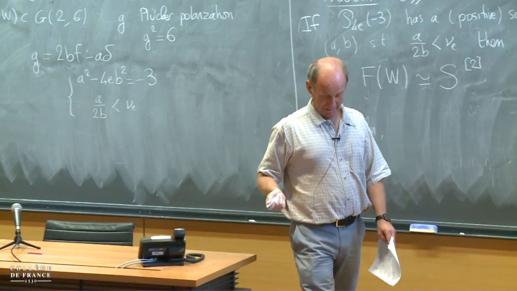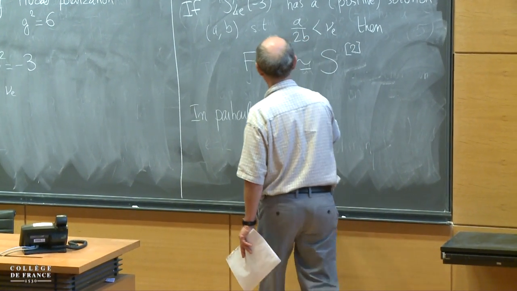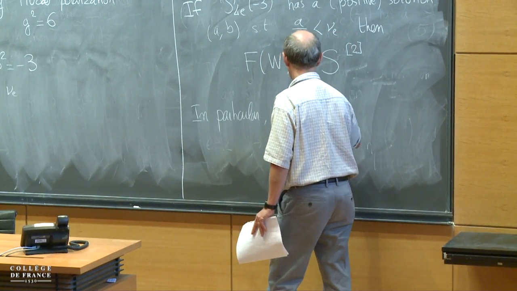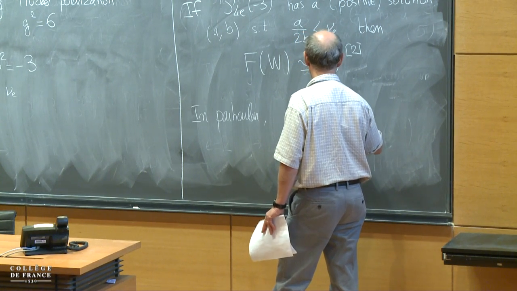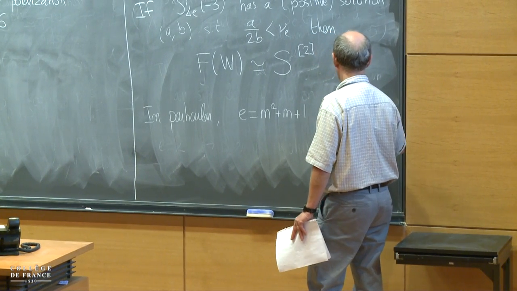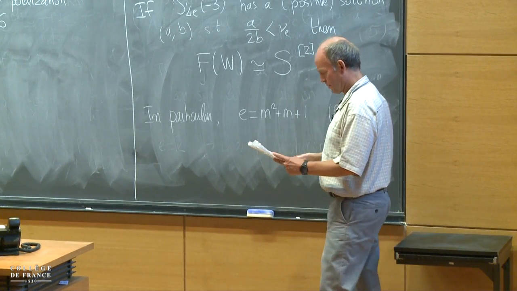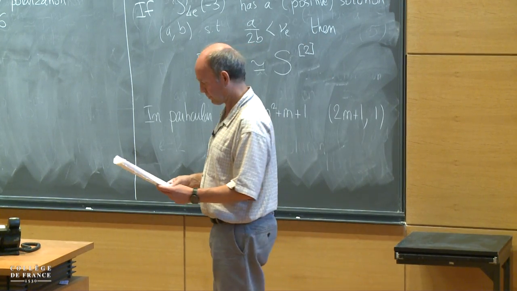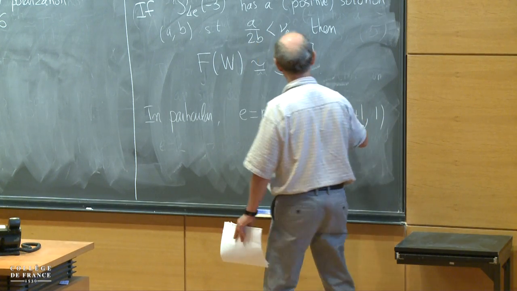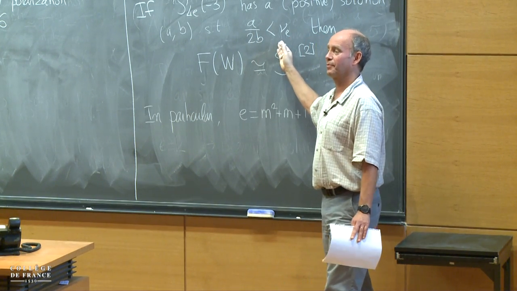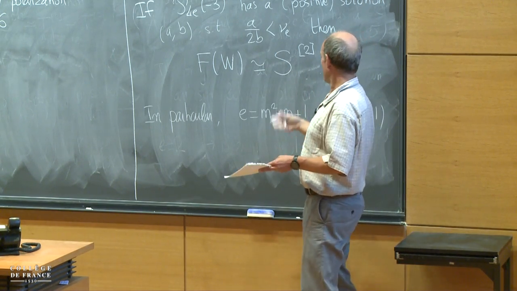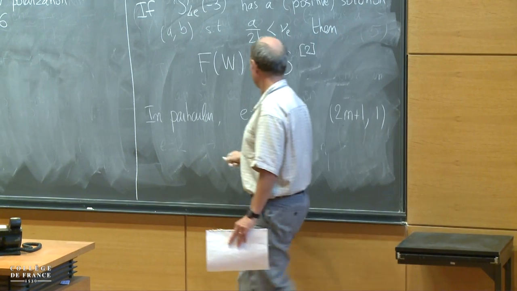A needs to be odd, so you write A as 2m plus 1, and you find that E is equal to m squared plus m plus 1. So then the solution is 2m plus 1, if I'm not wrong. And it turns out that in this case, this condition is always satisfied. So this is really an infinite series of examples, and this was actually proved by Hassett in his thesis.